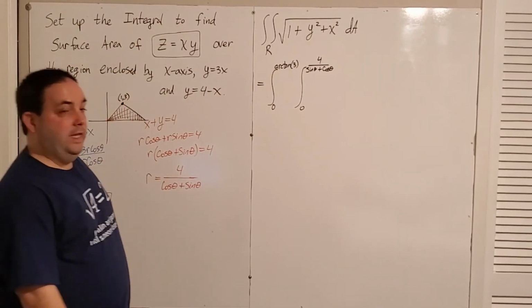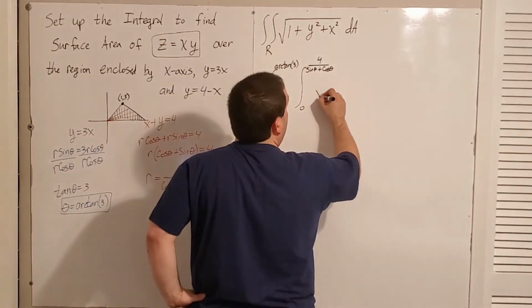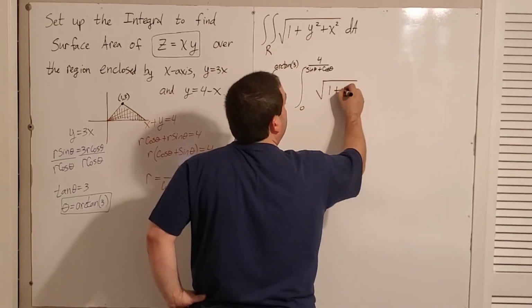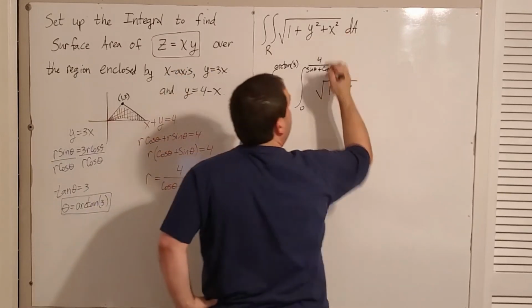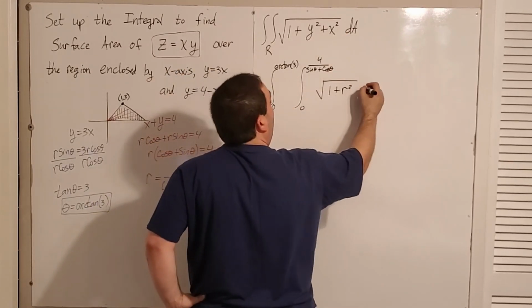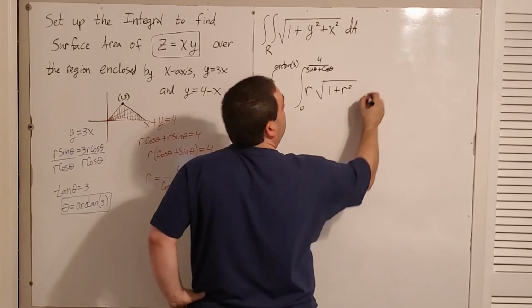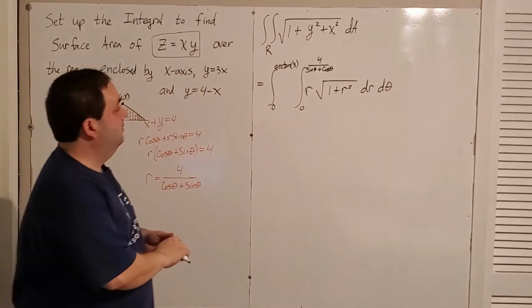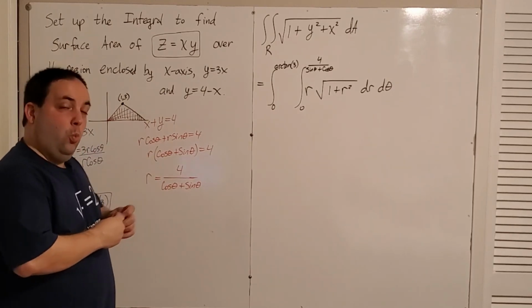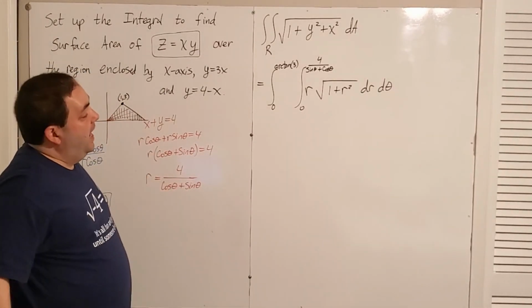And then my integrand, square root of 1 plus r squared. See? Works out great there. And then dA, I'll have my r, which would go here, dr d theta. And we've fulfilled what the instructions have actually asked for.